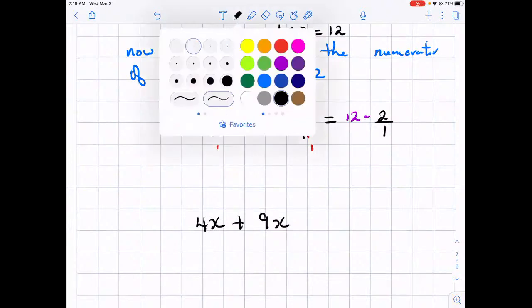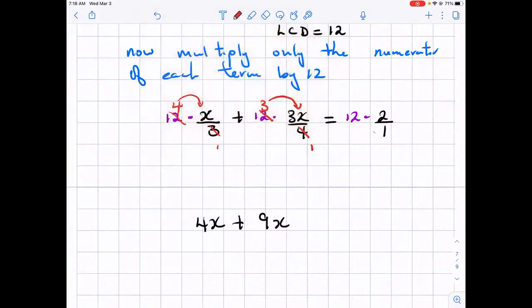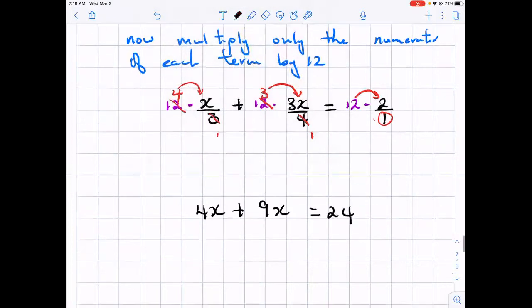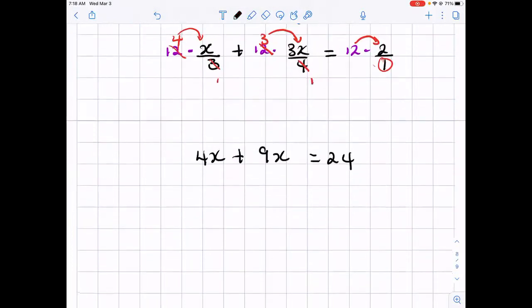And you will notice also, once again, the 12 and the 1, there is nothing really to cancel because this is already a 1. So you get 12 times 2, and that is equal to 24. And notice now there are no fractions. And that was the idea of just multiplying it by the lowest common denominator, so you can get rid of your fractions. That was your whole idea.